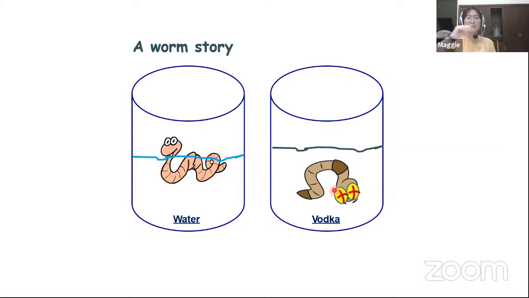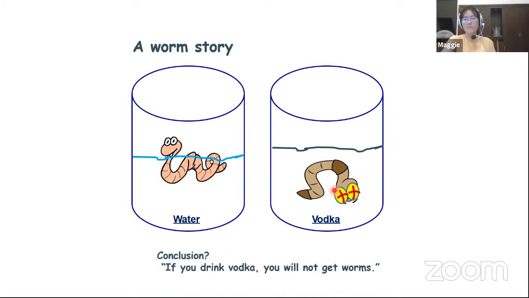However, they ask the students, what's the conclusion of this experiment? The students answer, if you drink vodka, you will not get worms. That's a wrong interpretation, right? It's not the primary purpose of this experiment. So what's the point of this story?